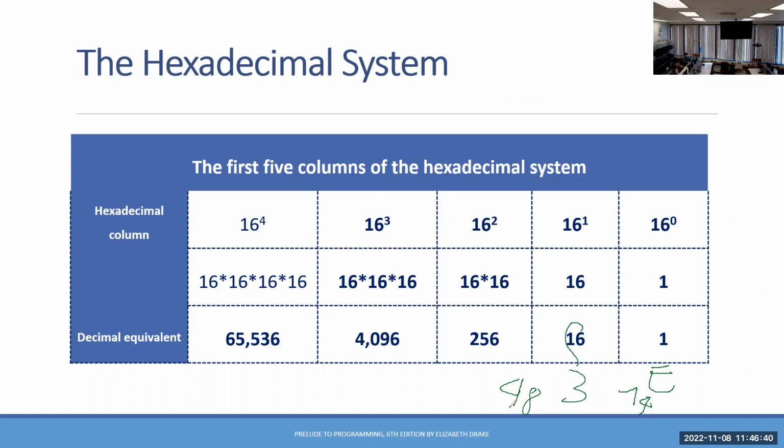A is 10, B is 11, C is 12, D is 13, and E is 14. So 48 added to 14, you have 62 here. That is the correct answer. Make sense? Okay, so that is the way you convert from hexadecimal to decimal.